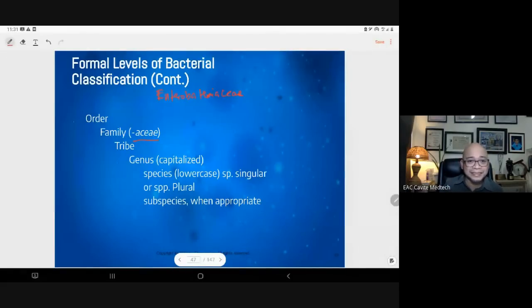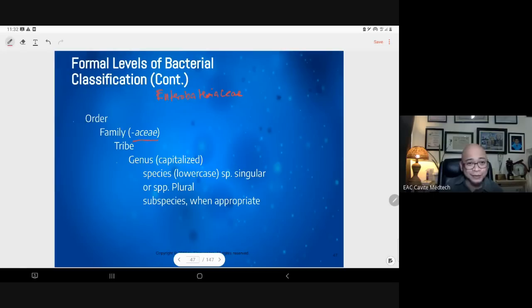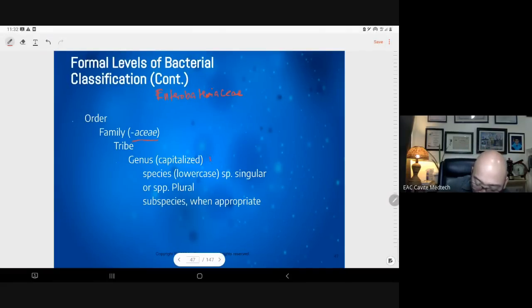And Enterobacteriaceae is actually divided into several tribes. And then the tribes are further divided into genus. And in writing a scientific name, the genus is always capitalized. And the plural of genus is genera. And then after the genus, we now have the species.